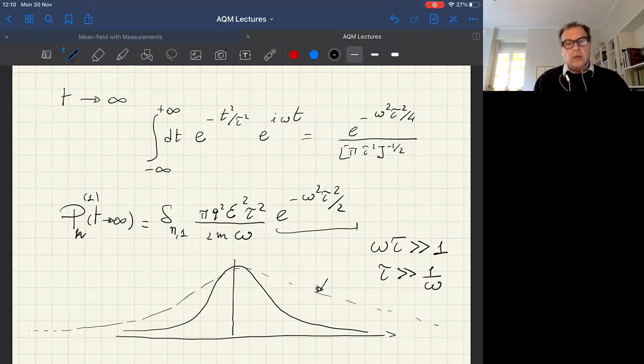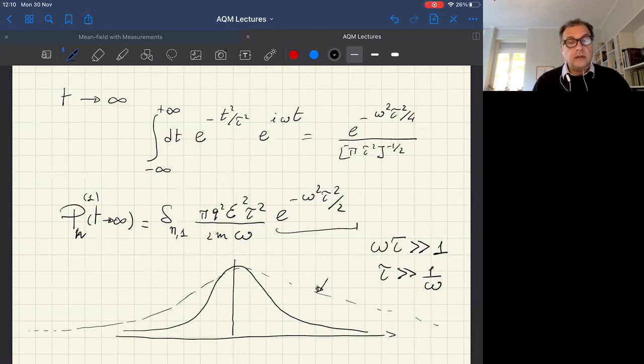One limit is the one in which I perturb the system in a very gentle way, which means that tau should be much larger than 1 over omega. This way, you see that the transitions to other states are strongly suppressed. Here we see it in first order perturbation theory, but it's true in general.